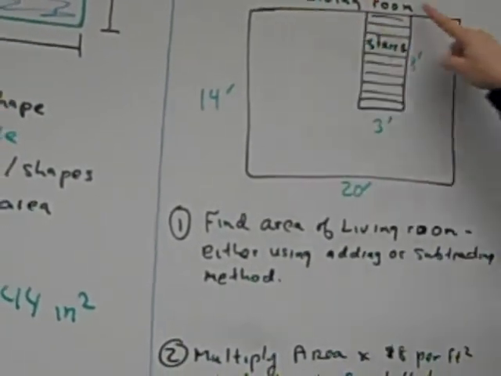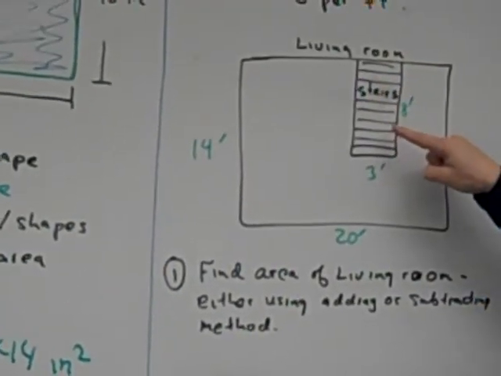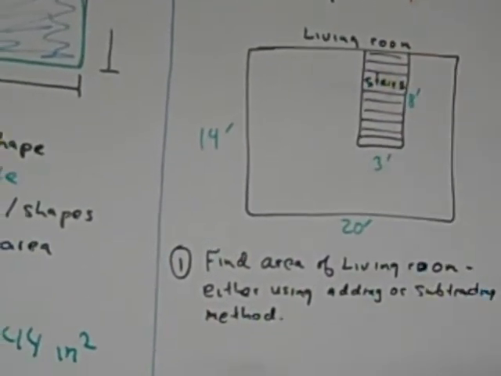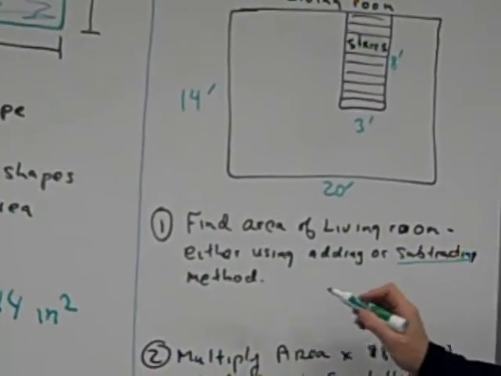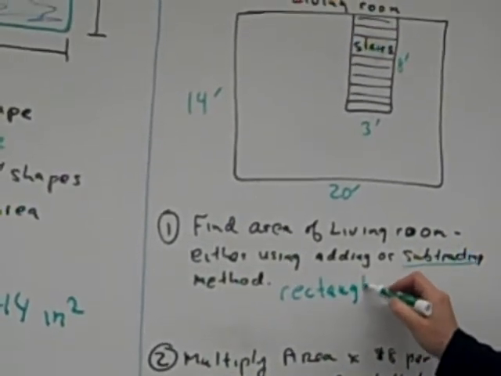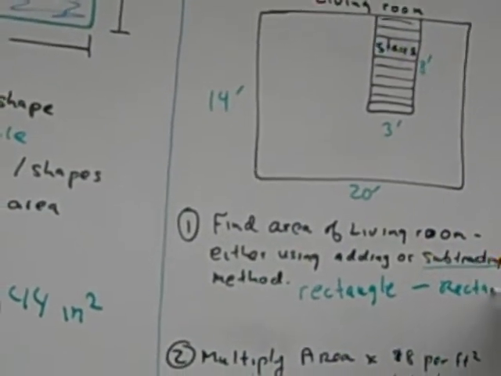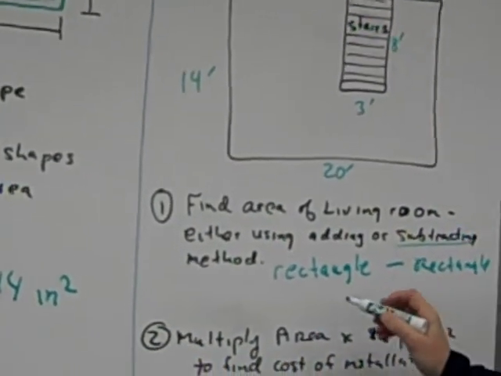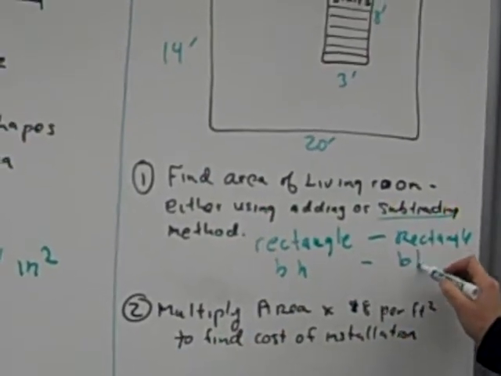Or I could look at the entire rectangle and take away this stair area. I think that's going to be more efficient, so that's what I'm going to do. I'm going to use the subtraction method, and I'm going to have a rectangle minus a smaller rectangle. So I just have base times height minus base times height.